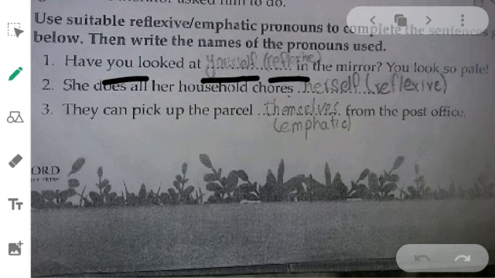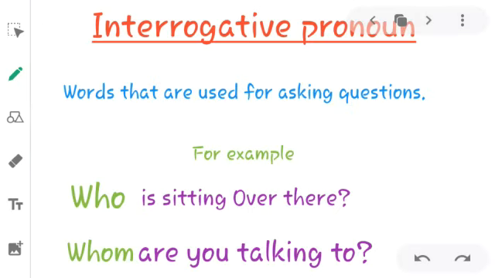But we are using it for giving emphasis, for conveying our point. We are giving emphasis with themselves, so it's an emphatic word. We are giving emphasis that it should be done. The rest of the sentences you have to do by yourself.